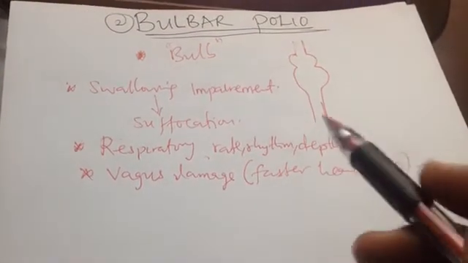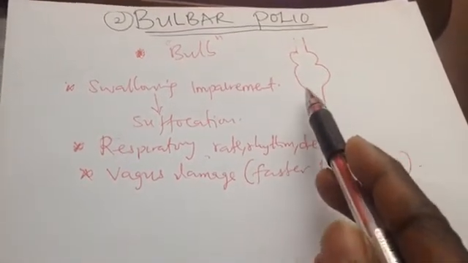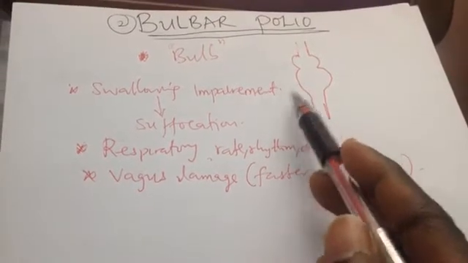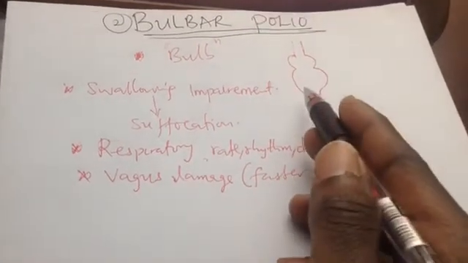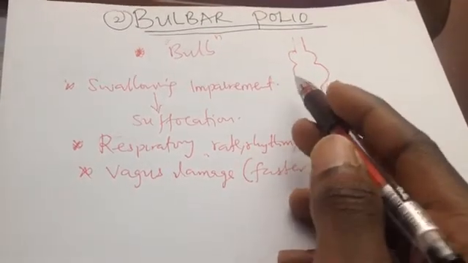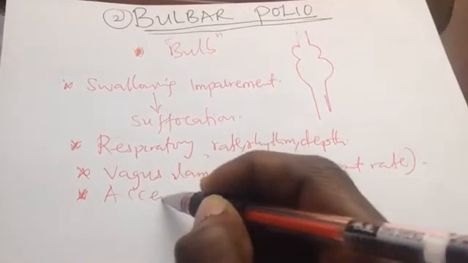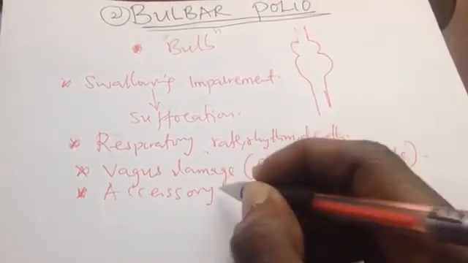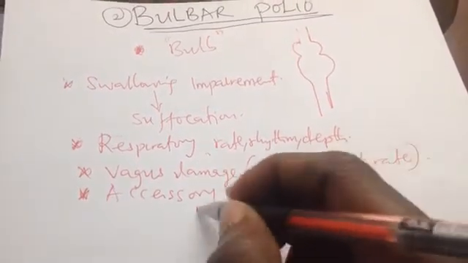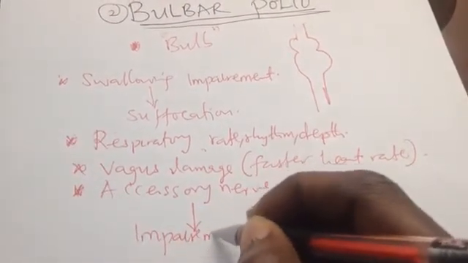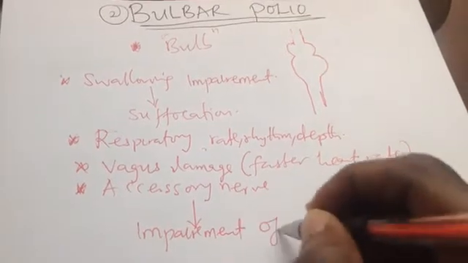The accessory nerve has a brainstem part and then a spinal part, right? So if the brainstem part, specifically the medullary part, gets damaged, then accessory nerve damage can lead to impairment of neck movement.